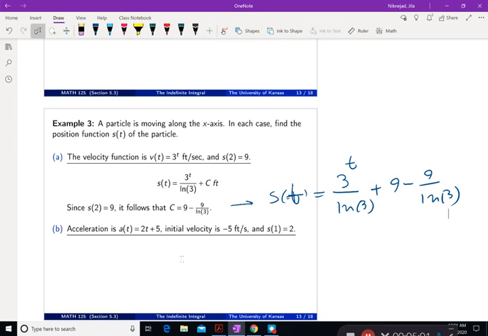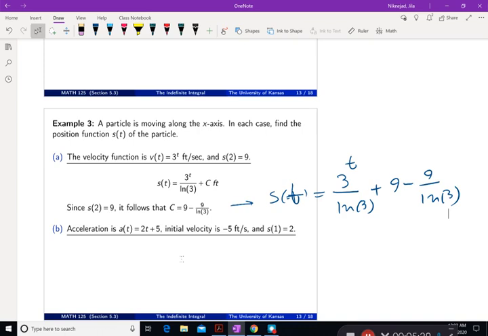What if the acceleration function is equal to 2t plus 5 and the initial velocity is negative 5 feet per second and s of 0 is equal to 2? So in this case, let's remember, the derivative of the position is velocity, and the derivative of velocity is acceleration.